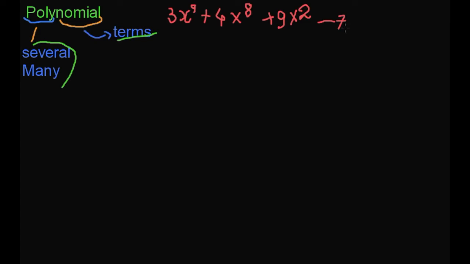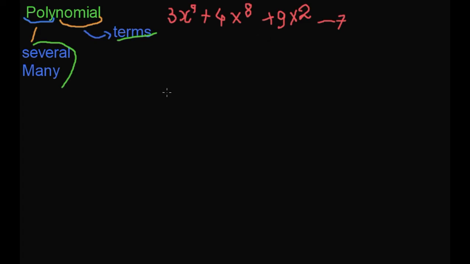And the meaning of nomial is terms. It means a function which contains several terms is called a polynomial function. I will take one example.